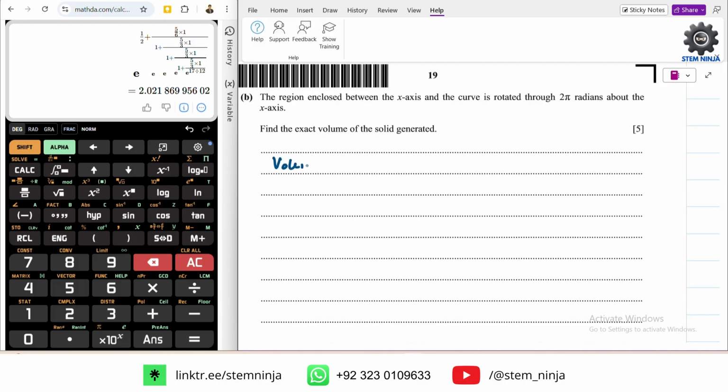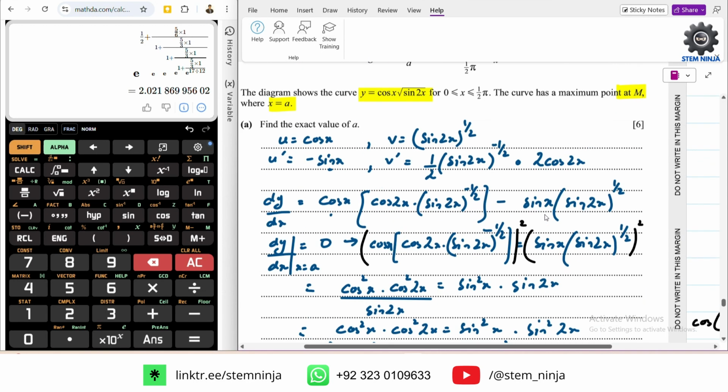So volume formula, we remembered, it's pi y squared dx. Okay, so the y that we have is this. Y squared would be cos squared x sine 2x.